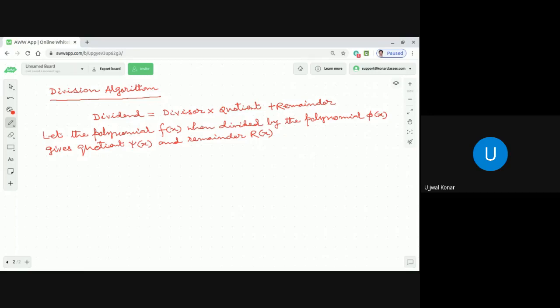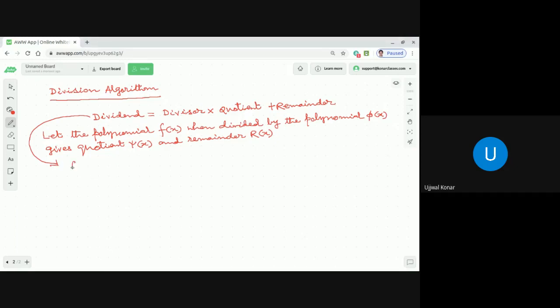Then if we write dividend equal to divisor into quotient plus remainder, what are we going to get?